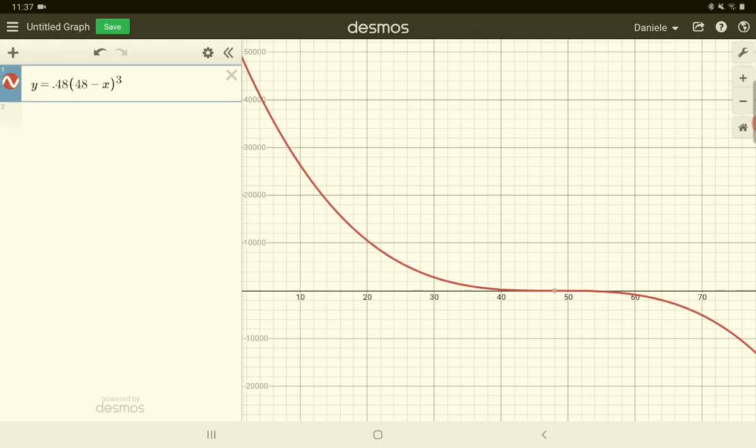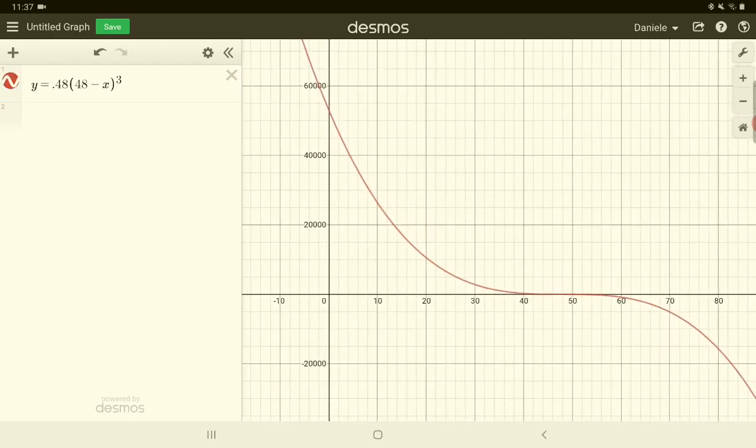So there is our x-intercept. It's at 48, 0. There's that little dog leg I was telling you about. There's our y-intercept. Both important points there.